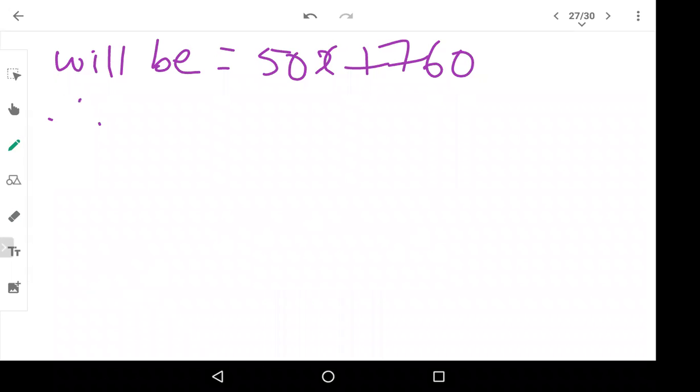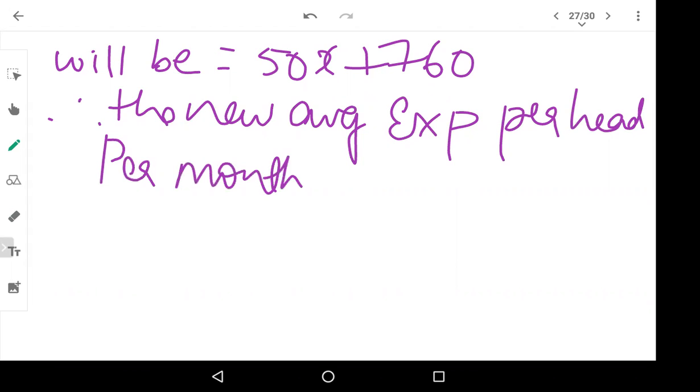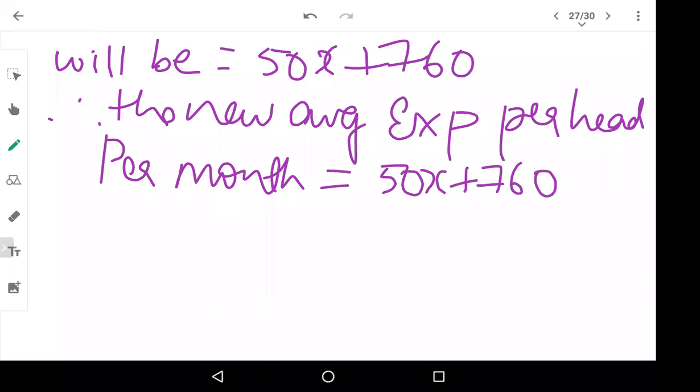Now let us see the next derivation. Therefore, the new average expenses per head per month is equal to 50X plus 760 divided by 64. This is what we did.